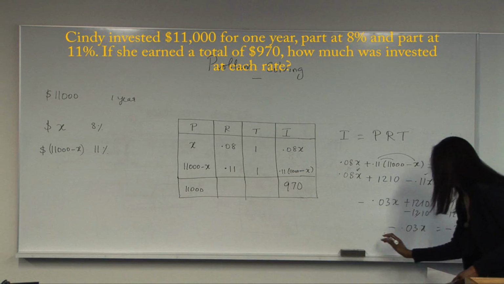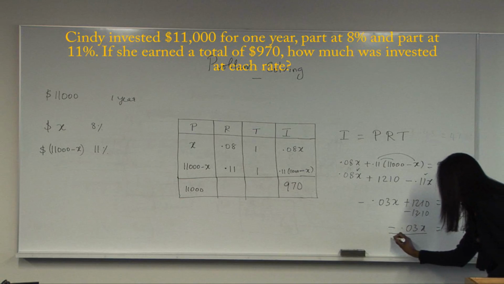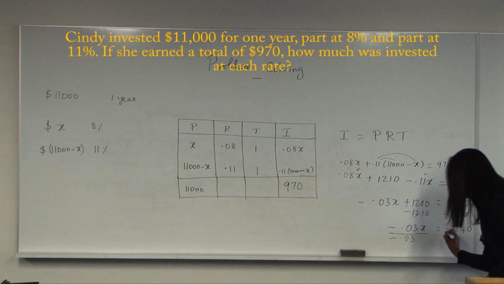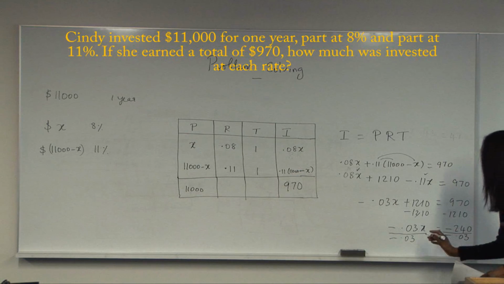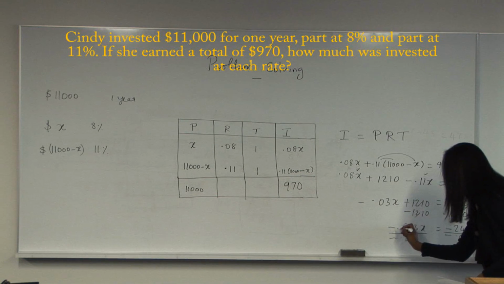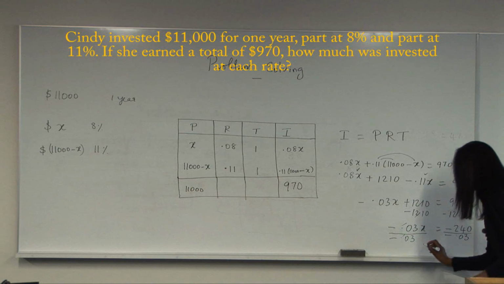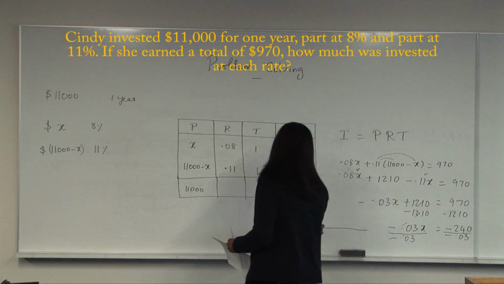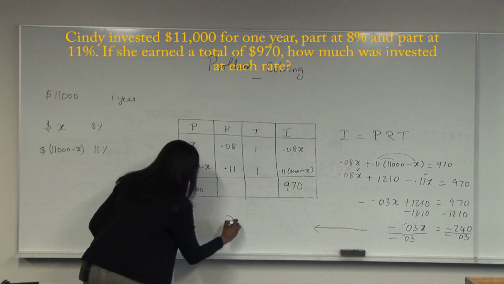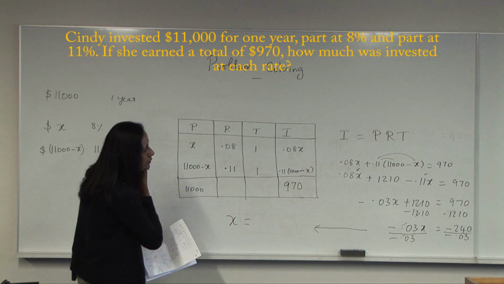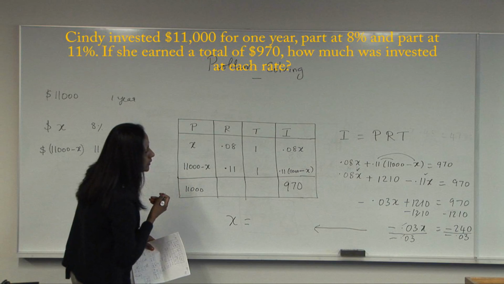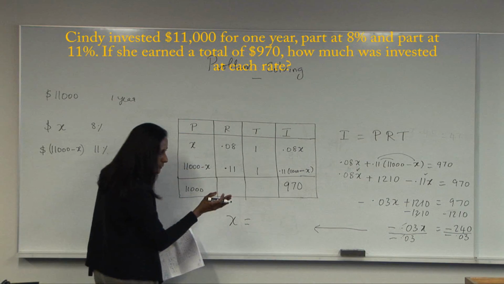Now what do we have to do? We have to divide both sides by negative 0.03. Now this and this will get cancelled out, right? And you get x alone. So x is equal to, when you divide negative 240 by negative 0.03, you get positive, right?